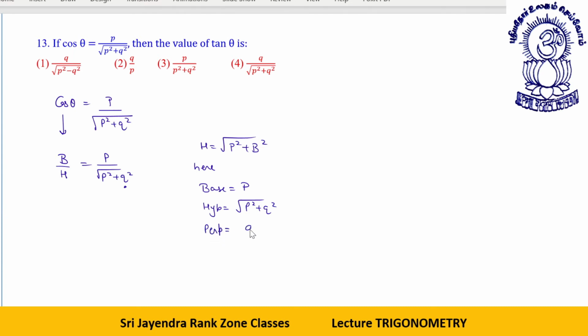So your perpendicular is equal to Q. Now your question is easy. Tan theta is perpendicular upon base. You can directly say Q by P, which is the option Q by P. Option 2 is the answer.